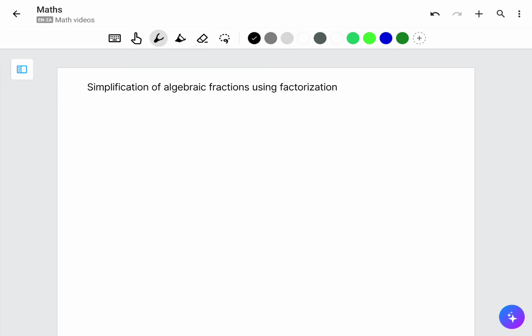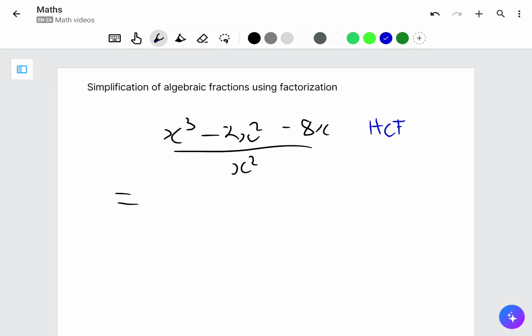So let's get started. The sum is x cubed minus 2x squared minus 8x all over x squared, okay? So we know the highest common factor for my numerator would be x, right?